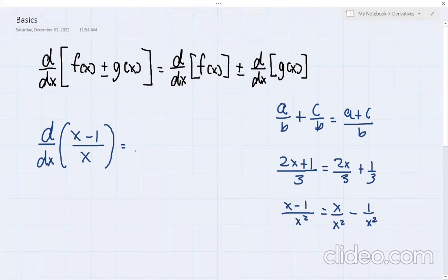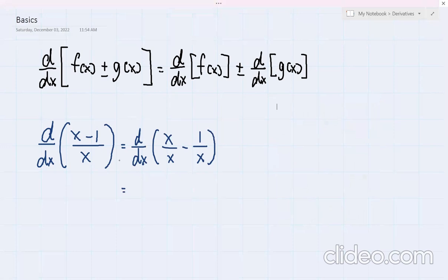We will do the same thing here. Okay? So we will have the derivative of x all over x minus 1 all over x. Ayan. That's it. O see? Ngayon, isimplify natin yung mga terms.